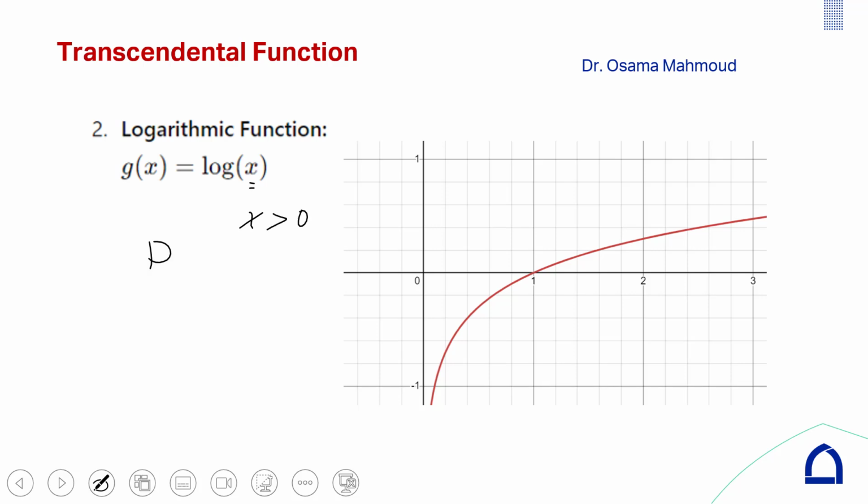So the domain of the logarithm function is 0 open, because 0 cannot be included as well, to infinity. What about the range? The range is the value of y, so this keeps going down, so the far down is minus infinity, and it keeps going up, and the far up is positive infinity. So this is the range for the logarithm function.